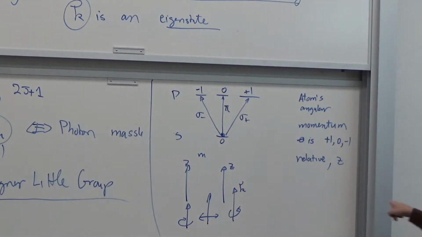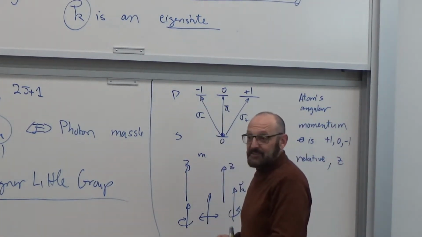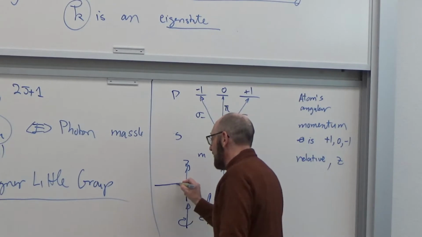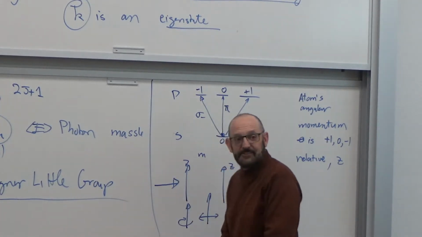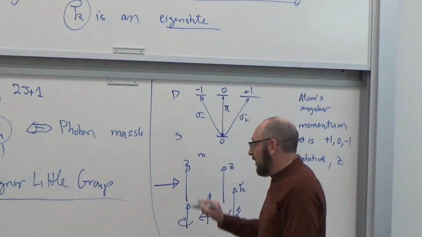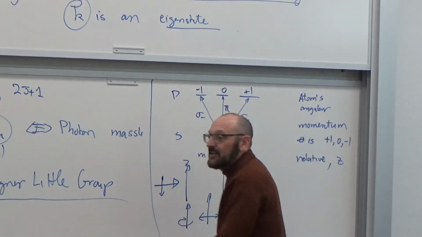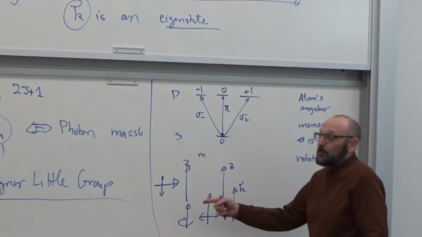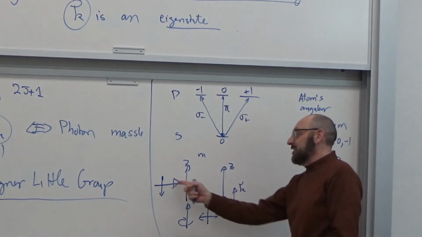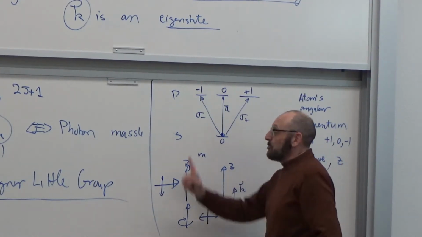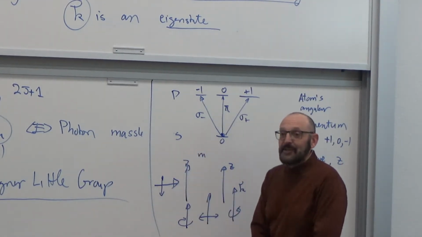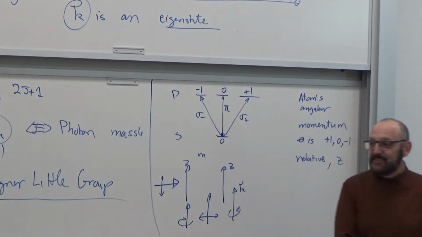The photon can't propagate along the z-axis. If my photon were propagating like this, and it was linearly polarized, well, it's a superposition of plus and minus helicity relative to this direction, but it has 0 angular momentum along the z-axis.